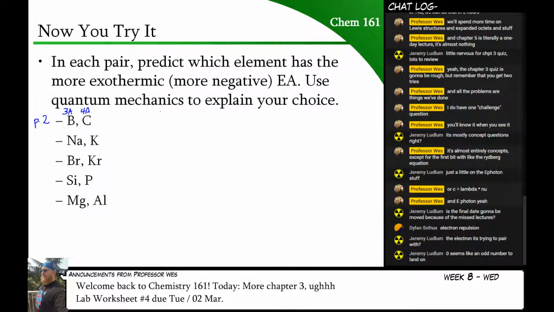So if they're in the same n, we could still do this sort of thing here. They have the same n, so this is not going to really affect anything, so we'll just cross it out.